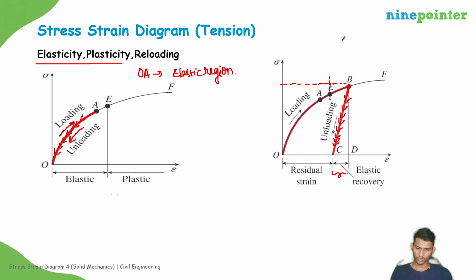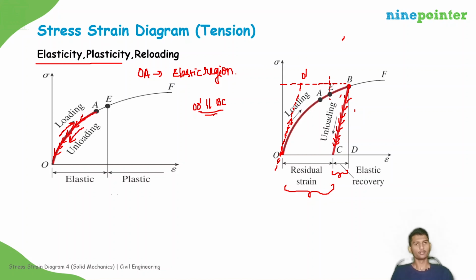So this is the elastic recovery, and this is the residual strain, meaning the strain left in the material, which is permanent. How is the material following this path? Because whatever recovery is happening is due to elasticity. If you take the tangent to the stress strain diagram at position O, that line will be parallel to this line. Suppose this is O dash, then O dash will be parallel to BC.